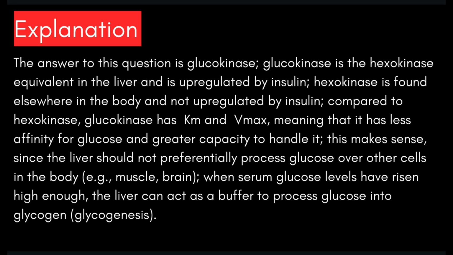I don't think I can fix that typo right now, but they do have an increased Km and increased Vmax, which means that it has less affinity for glucose and greater capacity to handle it. This makes sense since the liver should not be preferentially processing glucose over other cells in the body, for example muscle and brain. When serum glucose levels have risen high enough, the liver can act as a buffer to process glucose into glycogen for glycogenesis, as explained earlier.